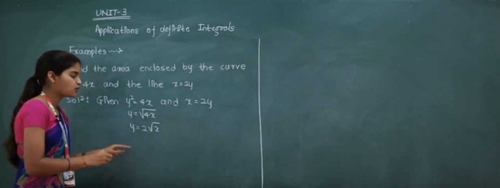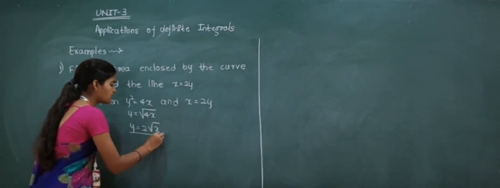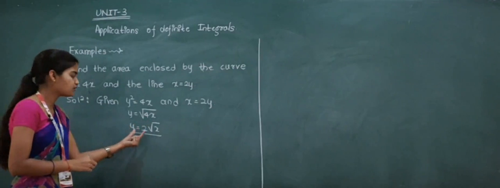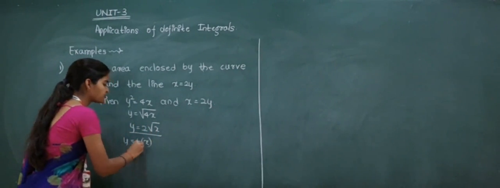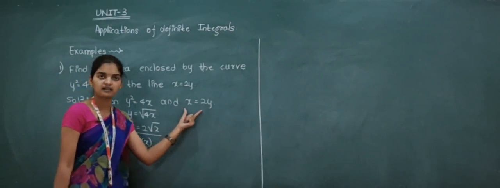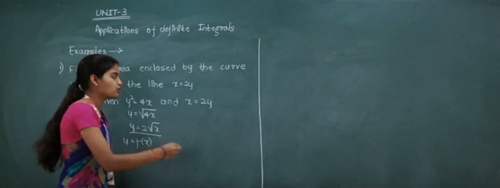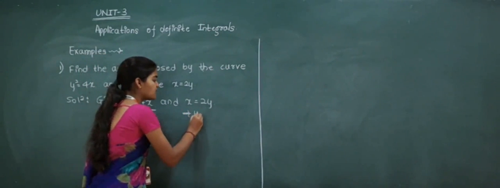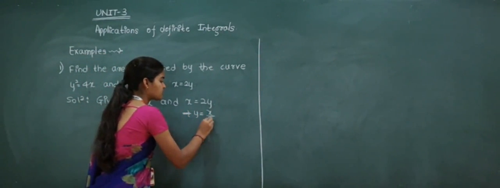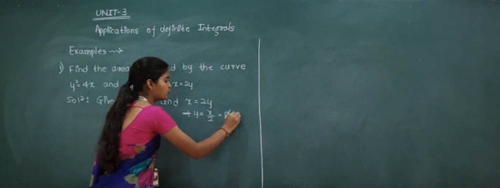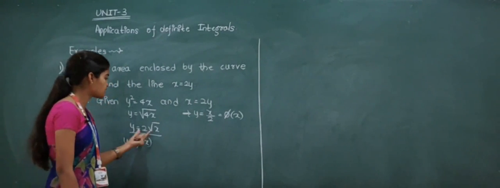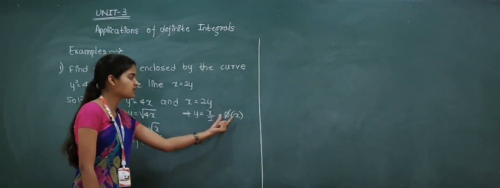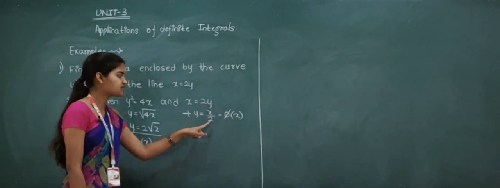That is one y we have got, that is y is equal to f of x. Now similarly from this let us find the y value. From this I can get y is equal to x by 2, and this is in the form of phi of x. So y is equal to f of x is 2 root x, and another one is y is equal to phi of x, that is x by 2.